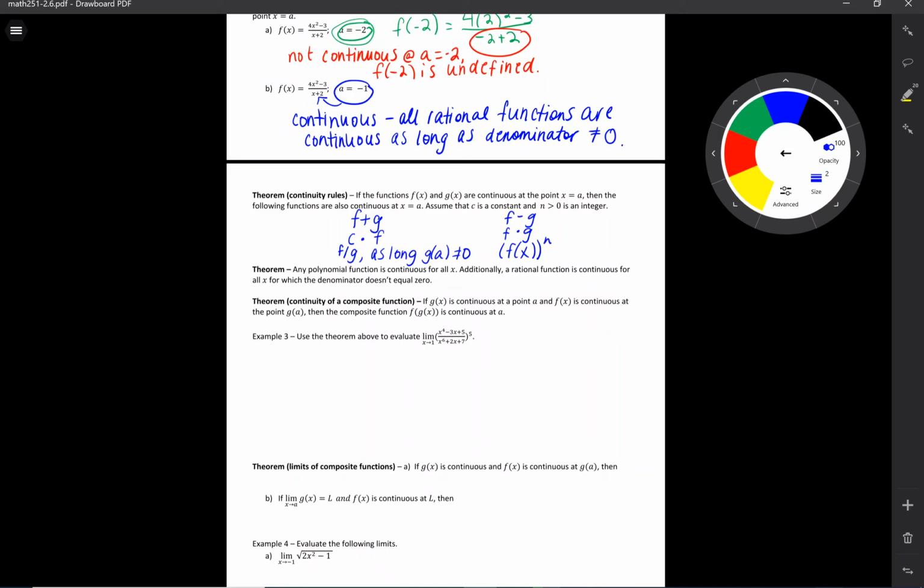I want to use the theorem that we just learned to evaluate this limit. So I'm going to use this rule right here since I'm raising a function to a power. So I'm raising this inner function to the power of 5. And I can do this as long as my inner function is continuous at the point x equals 1.